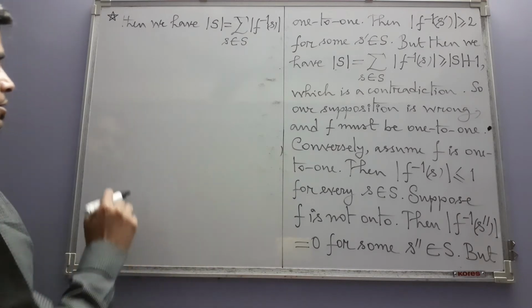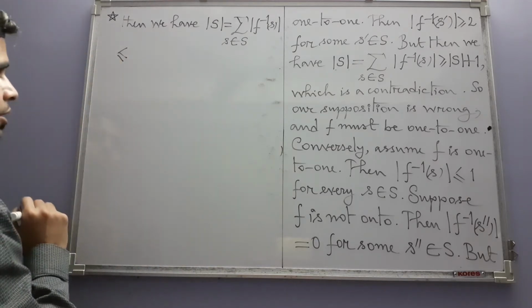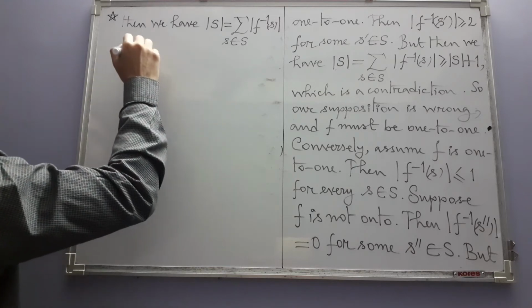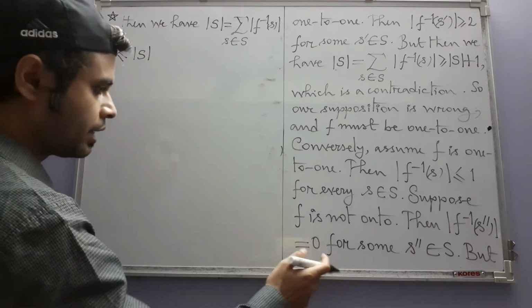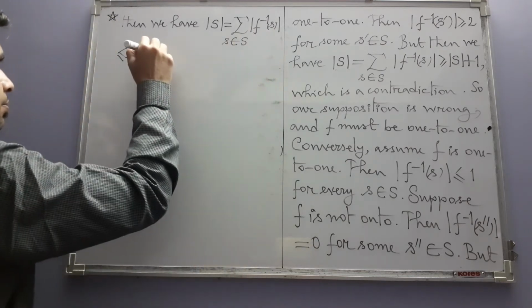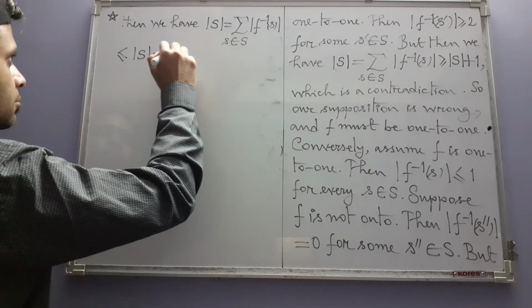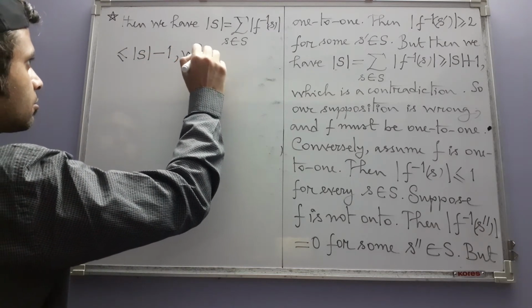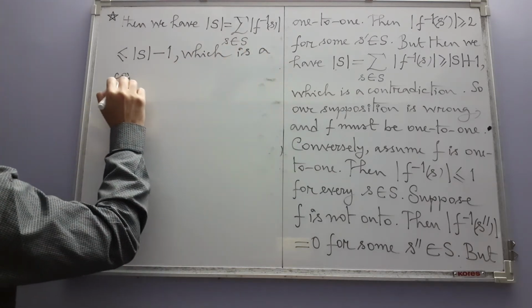So taking all these things into account, this sum will be less than or equal to the number of elements in S, but because of that one of the terms becoming 0, this sum is strictly less than the number of elements in S. Which is a contradiction.